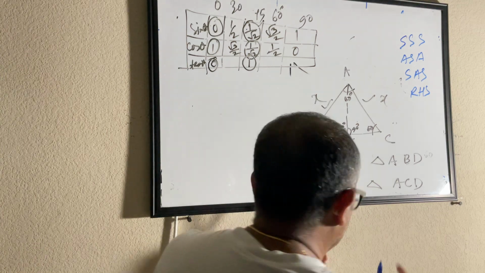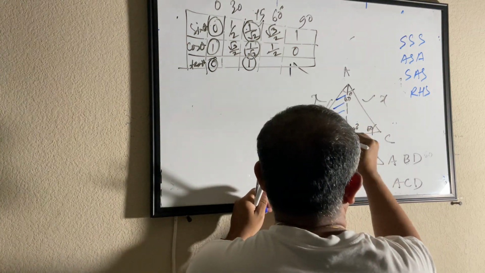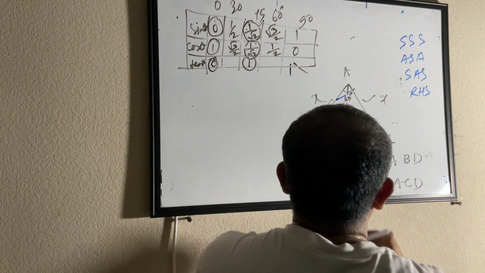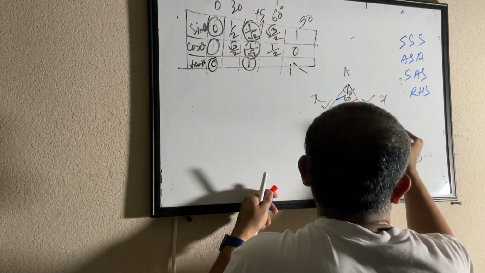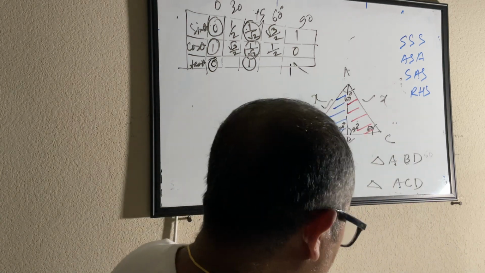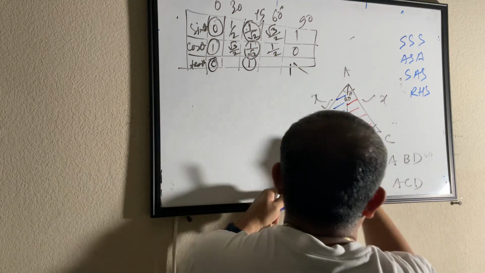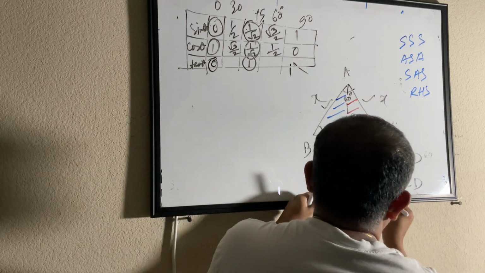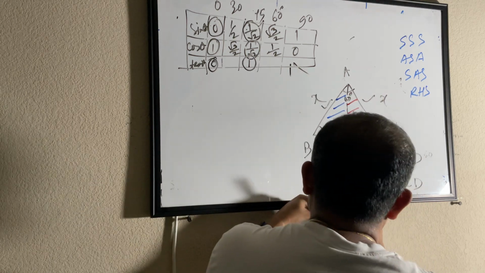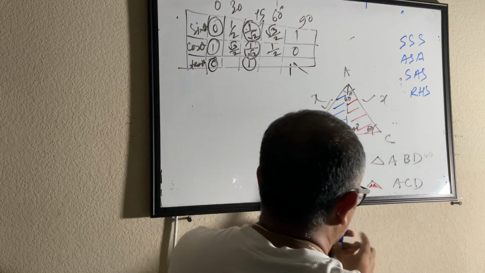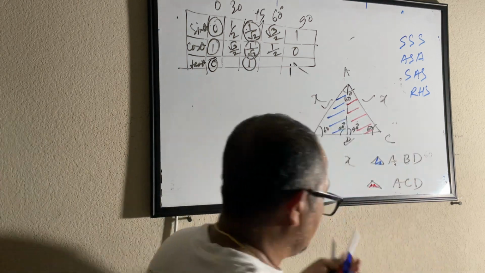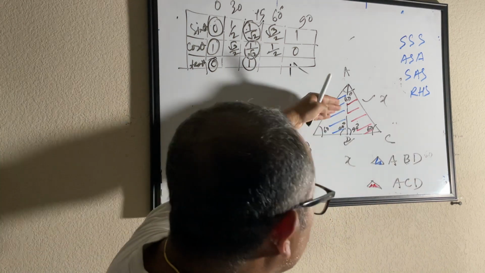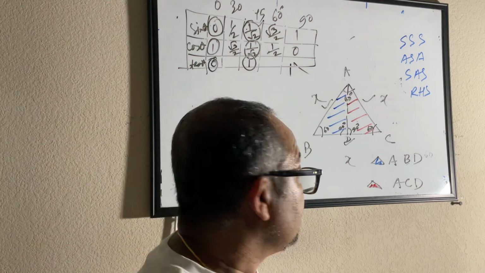Okay. So there is a blue triangle and there is a red triangle. So this ABD is the blue triangle. So we have two triangles, the blue triangle and the red triangle.